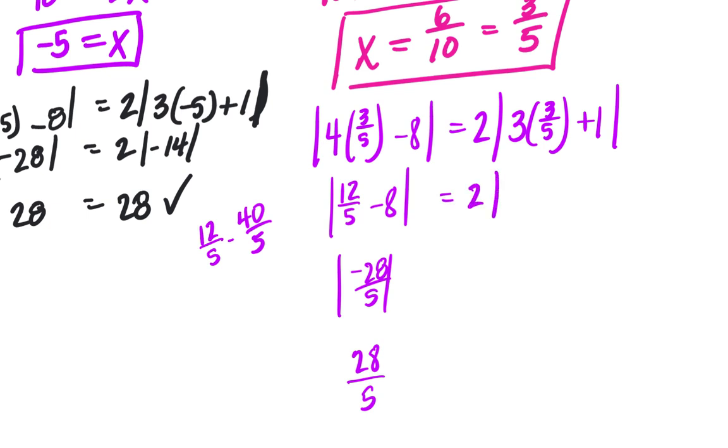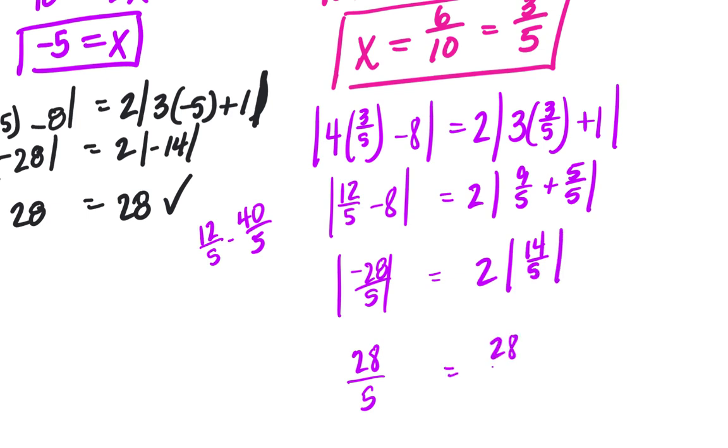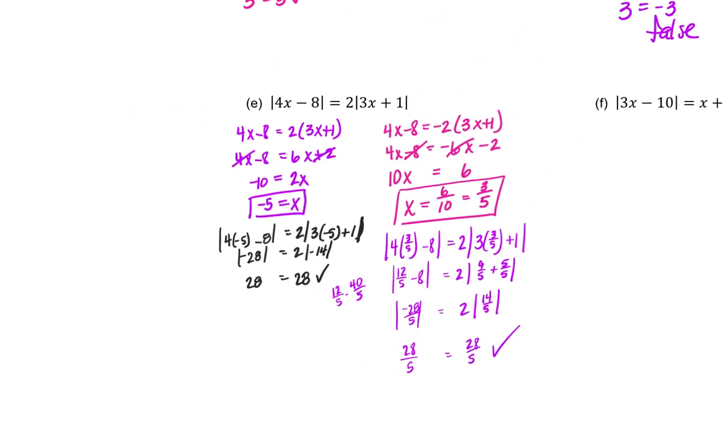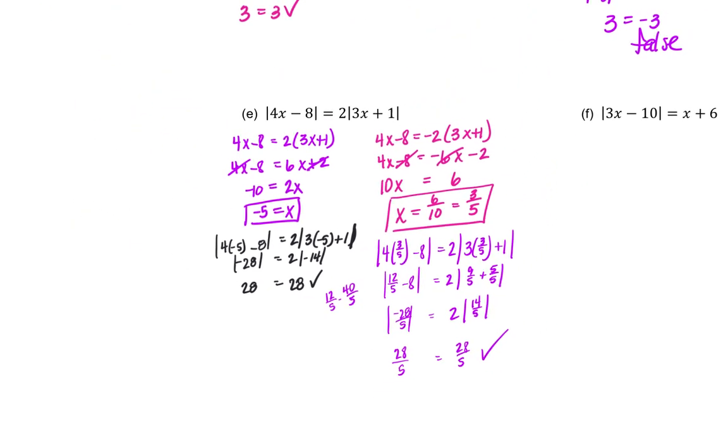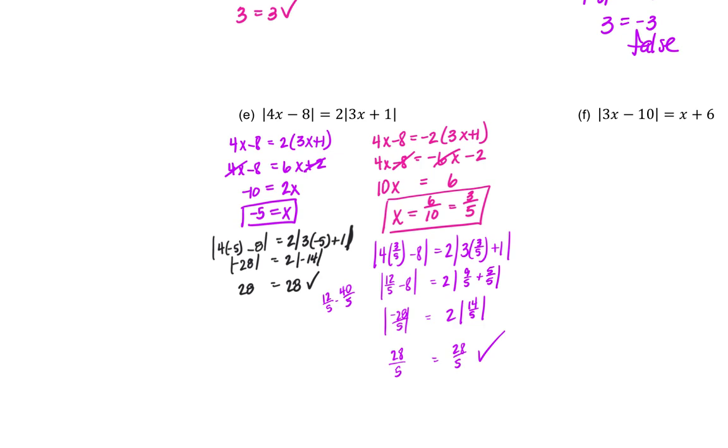So 2 times 9 over 5 plus, I'm going to turn that 1 into a 5 over 5. Are y'all comfortable with me doing that? Because 1 is really 5 over 5. So that gives me 2 times 14 over 5, which is 28 over 5. So that answer checks out also. So we are good with both answers working on this one.